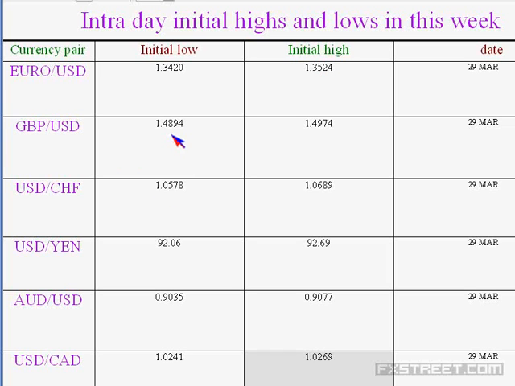Then in the case of GBP, 1.4894 is the low. Currently they are holding around 1.4912. We see the net change in the case of GBP is 16 pips positive, and in the case of Euro is 13 pips positive. As a result, you find Euro GBP is showing almost flat, 0.9000 is the level, 0.9029 is the high, 0.8997 is the low.